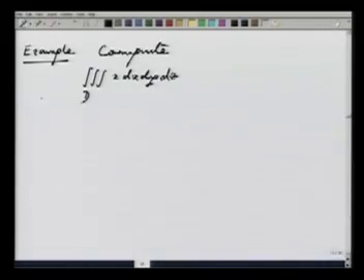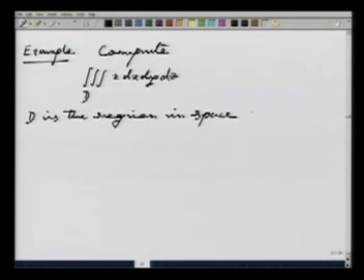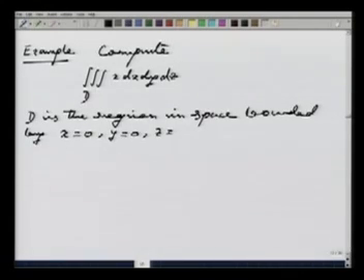Well, D is the region in space, that means in 3 dimensions, bounded by the planes x equal to 0, that is the yz plane, y equal to 0, that is the xz plane, z equal to 2, that is parallel to the xy plane, and the surface z equal to x square plus y square.